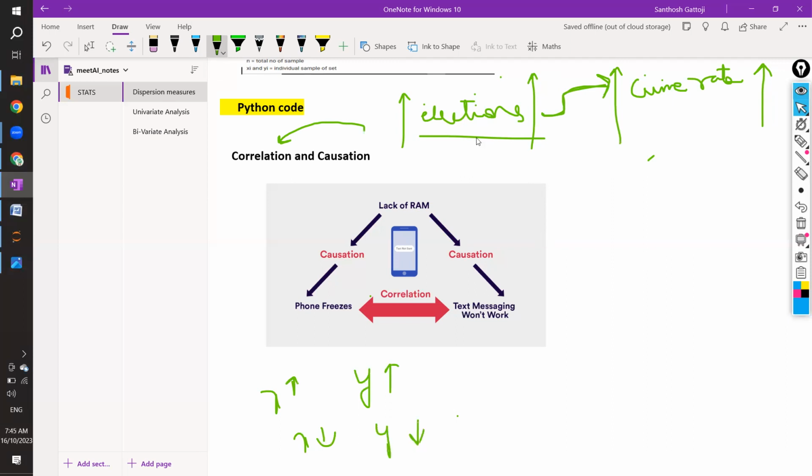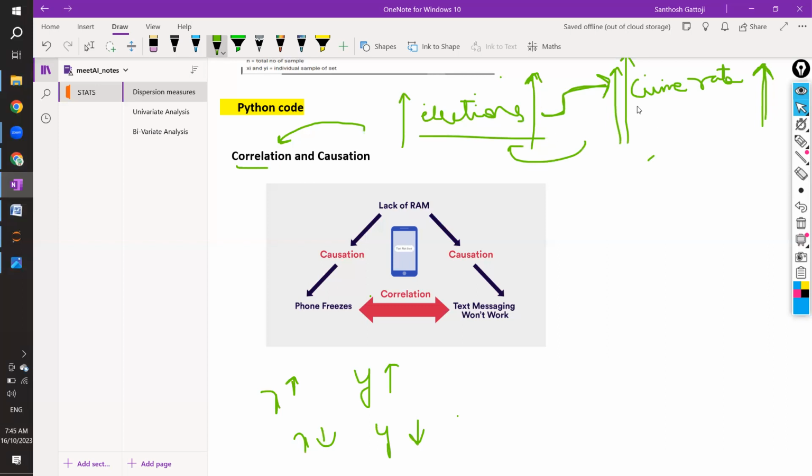But here, because of elections, crime rate might increase. That's fine. But you cannot directly bring the correlation concept and say these are correlated. Now you cannot apply it the reverse way. That means if in a particular city the crime rate is increasing, you cannot conclude that elections are happening over there. Getting it? It is just causing and it is leaving.